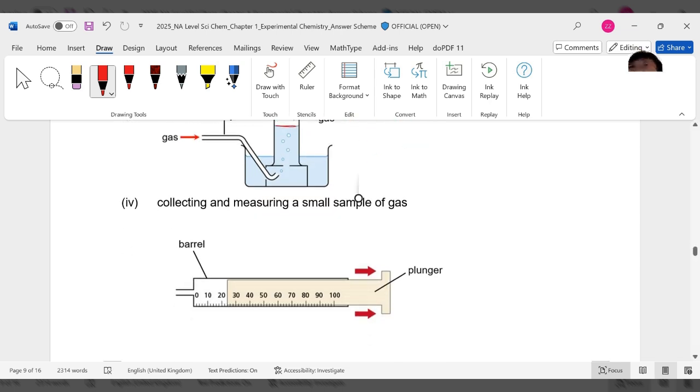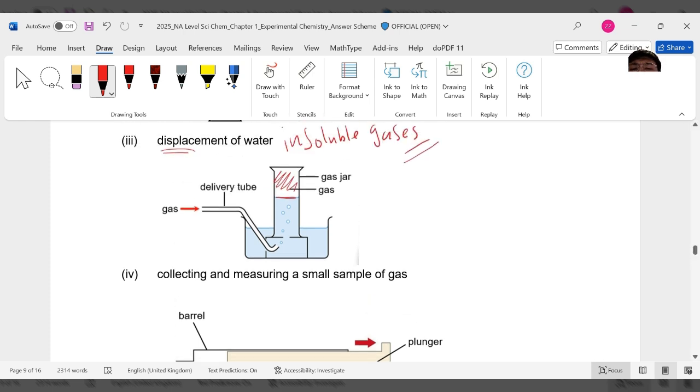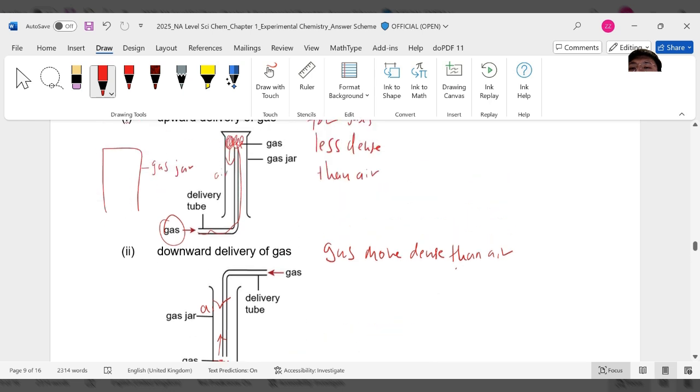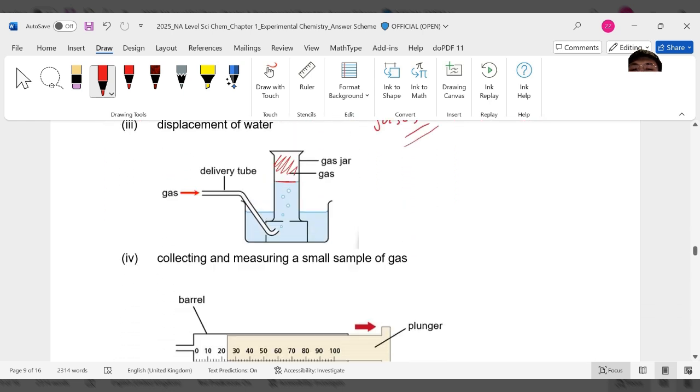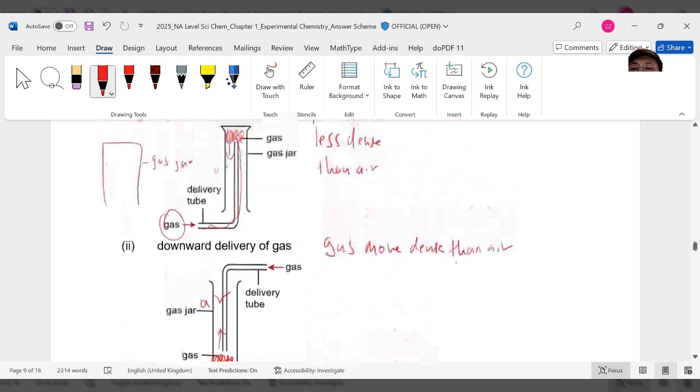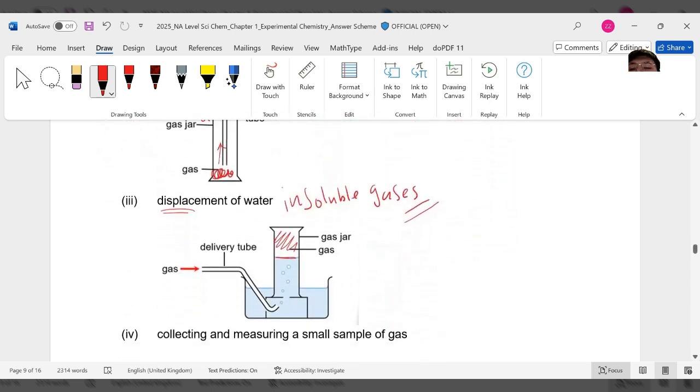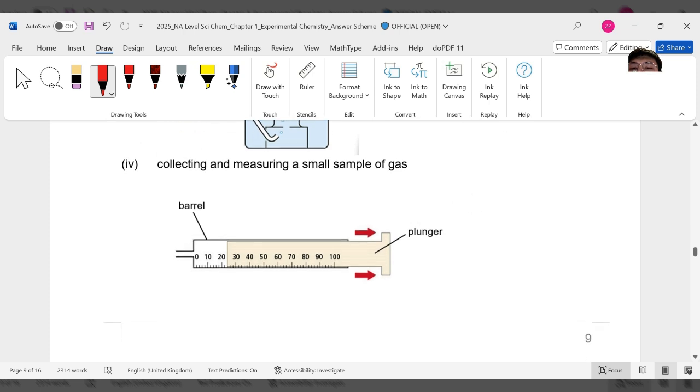Last bit: how can you collect and measure a small sample of gas? Previously, for upward delivery, downward delivery, and displacement of water, there's no marking on the gas jar at all, so we cannot really measure how much gas we produce. What we can use to measure the volume of gas is a gas syringe. Take note that for a gas syringe, this part here is called a barrel, and then we have a plunger.